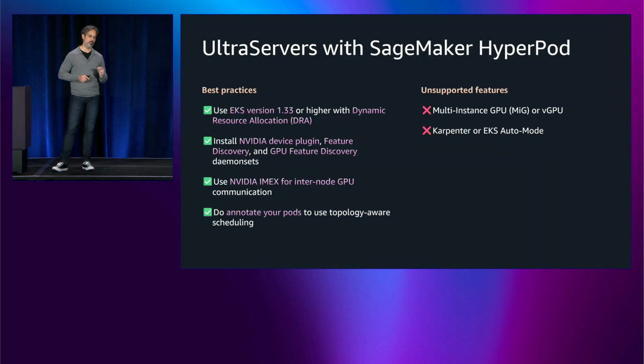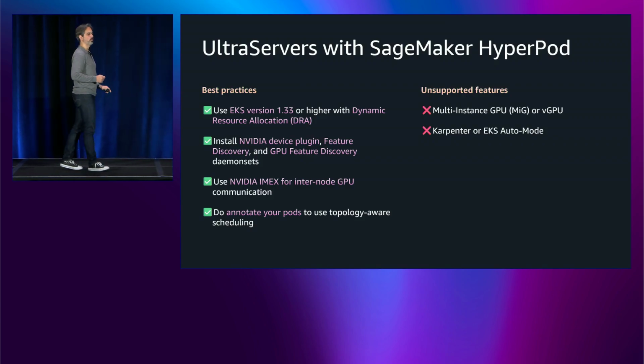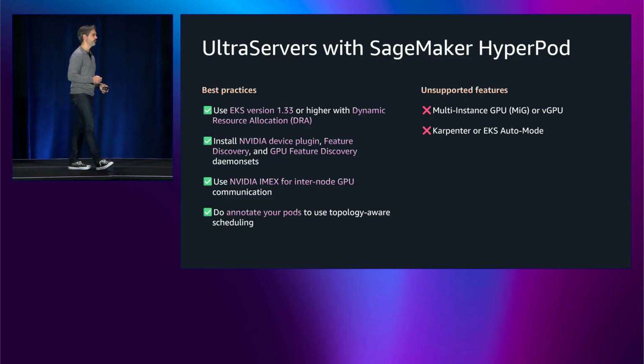You might have heard about multiple instance group, a feature we recently announced, meaning you can take a GPU and shard it, for example, into 2 different virtual GPUs, right? That is not supported on UltraServers today.